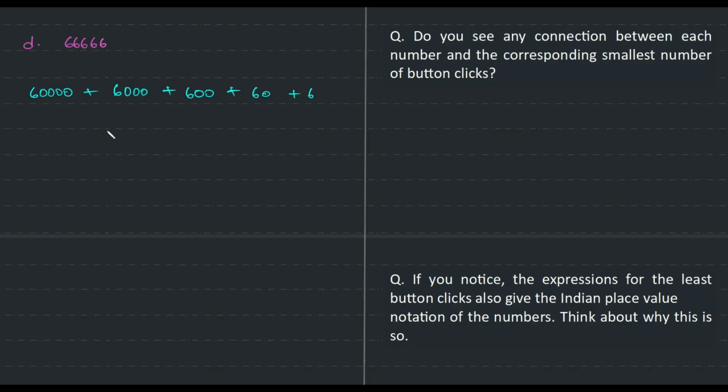How I read is how I write. 60,000, 66,000 basically, 66,666. So that's how I'm reading it and that's how I'm writing it. So this I can write as 10,000 into 6 times, 1,000 into 6 times, 100 into 6 times, 10 into 6 times, 1 into 6 times.